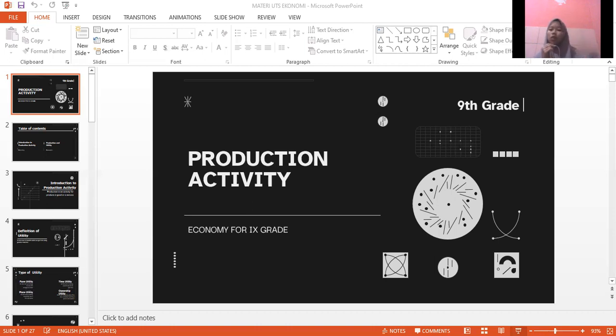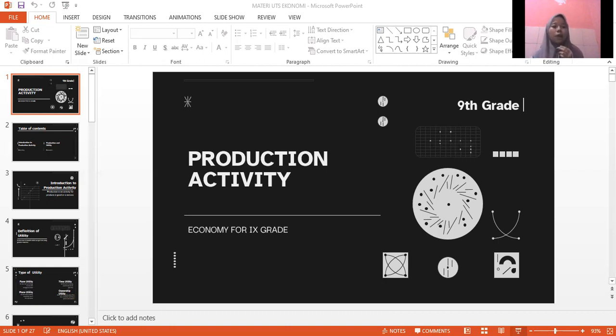If you go to the market and buy fabric, it only costs around 10,000 per meter. But if you change the fabric into a hijab like I'm wearing right now, you can sell this for like 20 or 25,000 per piece, and it's less than a meter. So that's what form utility is.